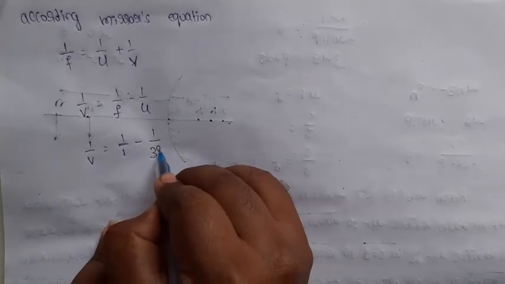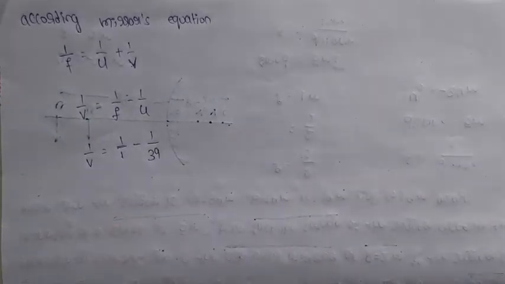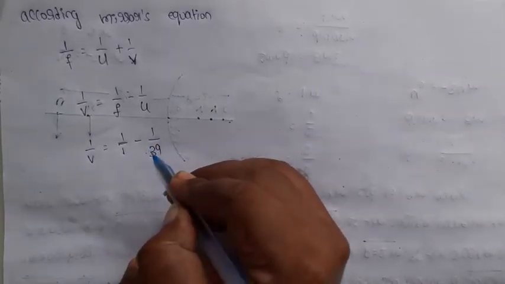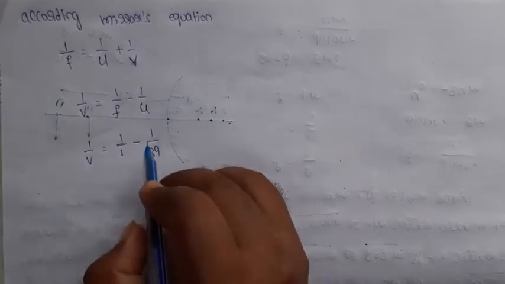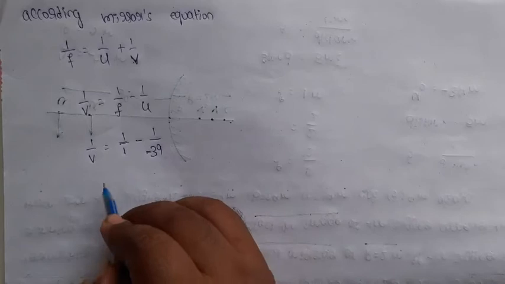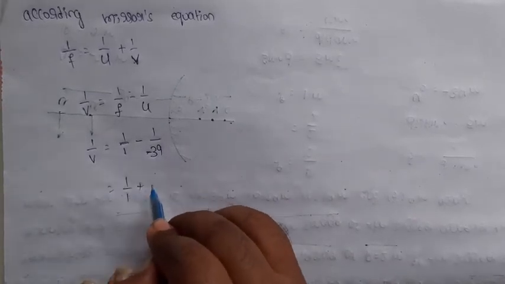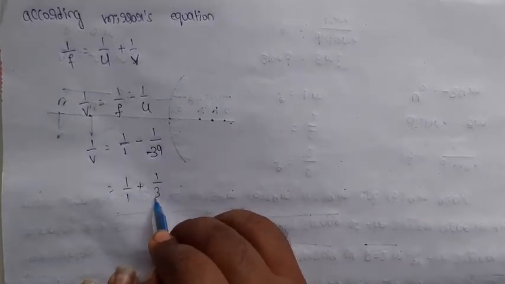So object distance first in case 39 meter. So here u value is, after applying the sign conventions, minus 39. Minus to minus plus. So 1 by 1 plus 1 by 39.